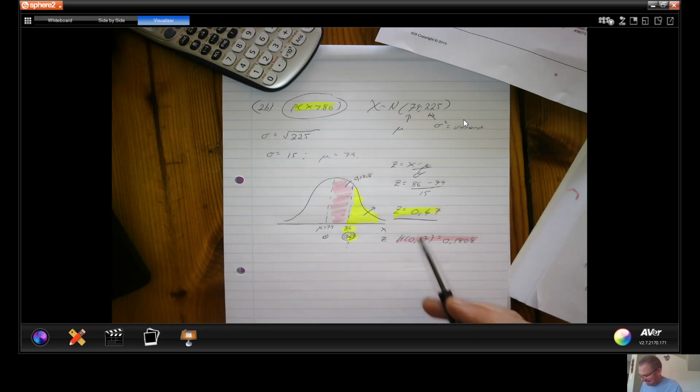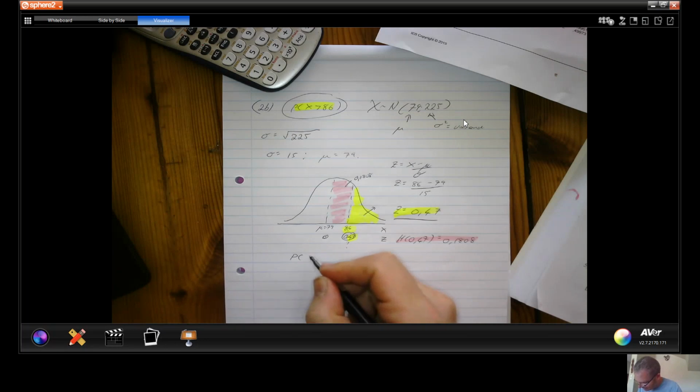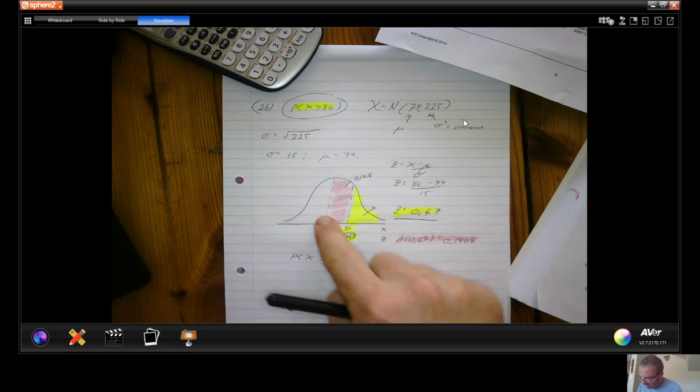Okay. So we're going to go for the area that we want. So the probability that X is greater than 86 is going to be equal to, well, that whole area is 0.5. And I've got to cut out the pink bit.